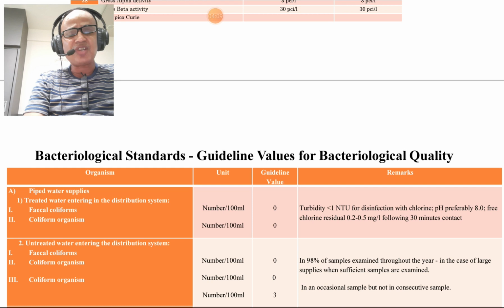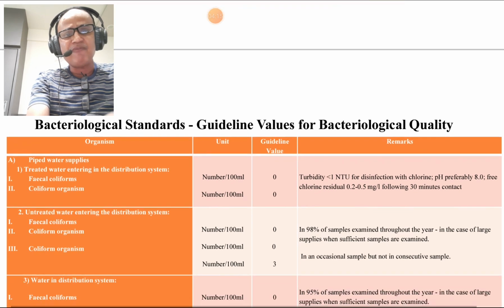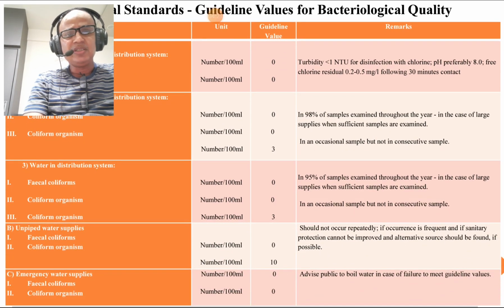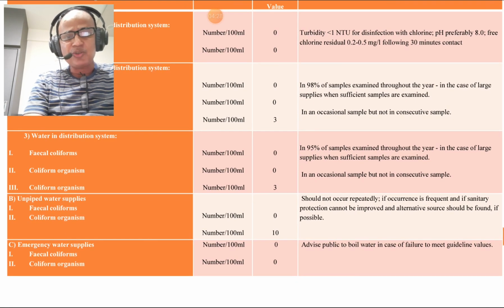For bacteriological standard, the supplies are divided into various categories. First is the piped water supplies. Second is untreated water entering the distribution system. Third is the water in the distribution system. Fourth is the unpiped water supplies. And last one is the emergency water supplies.